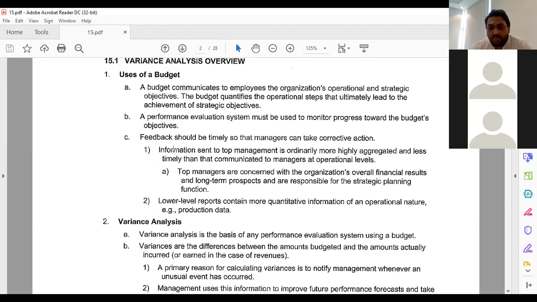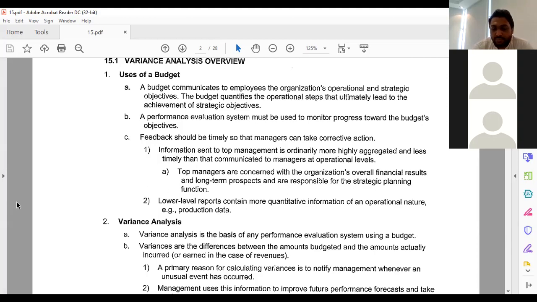Information sent to top management is ordinarily more highly aggregated and less timely than that communicated to managers at operational levels. Top managers are concerned with the organization's overall financial results and long-term prospects and are responsible for the strategic planning function. Lower level reports contain more quantitative information of an operational nature, like production data.